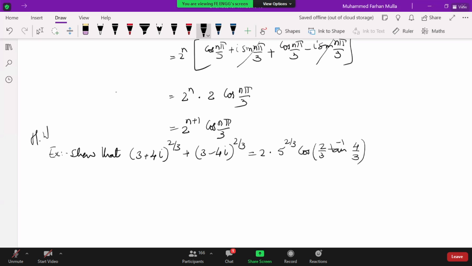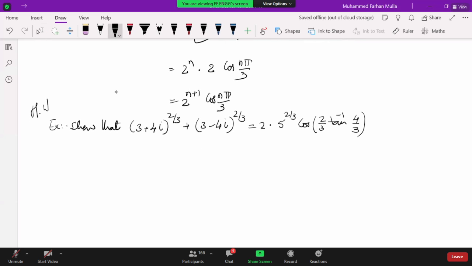Okay, so solve this, it is very simple. Here you get y by x, tan inverse of y by x is 4 by 3. So we have here tan inverse 4 by 3.